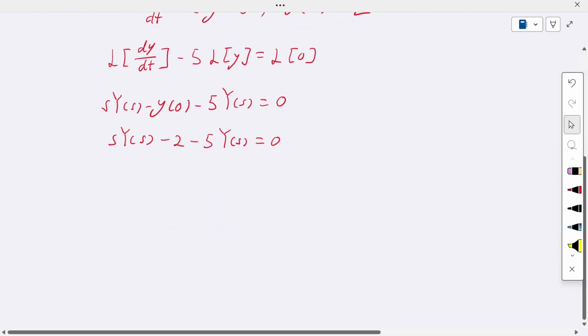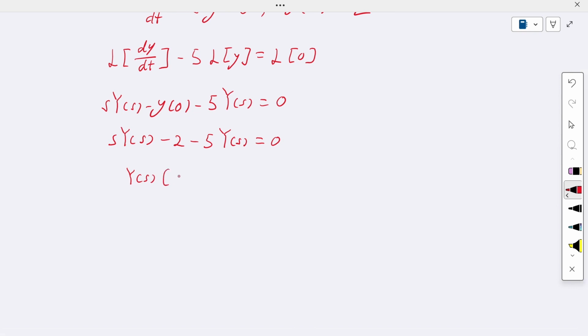So in this case, we can factor out capital Y(x). So here we have (x - 5). We can shift 2 to the right hand side. So now we have Y(x) is equal to 2 divided by (x - 5).